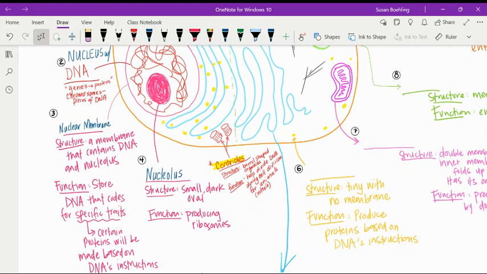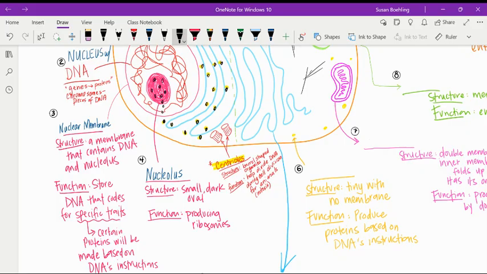And it's going to be dark because it's where ribosomes are being produced. So if you can imagine all these dark spots kind of coming through the nuclear membrane and scattering throughout the cell. So just darken in.